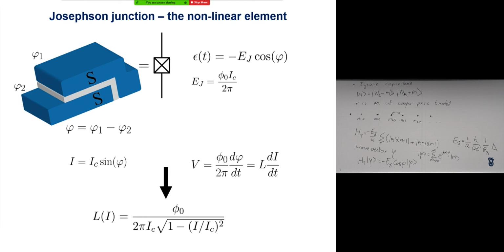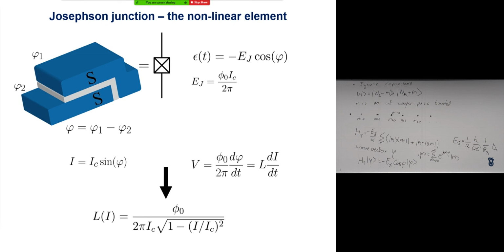And this last equation is what I like to call the Josephson engineer's relation, because you can ignore everything I told you about the physics and superconductivity and just go to a book or go to this presentation and see, oh, okay, a Josephson junction is just an inductor that depends on the current, and this is the function.